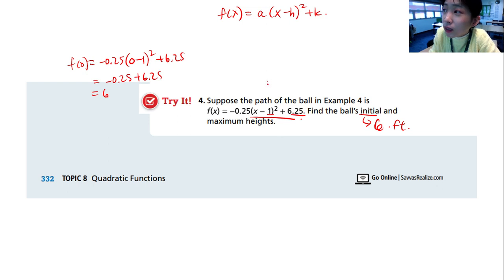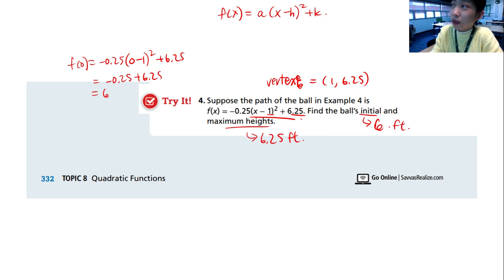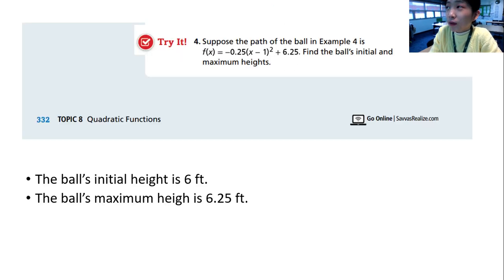So your vertex is (1, 6.25). So the maximum height is 6.25 feet. There you go. Right, so the ball's initial height is 6 feet. The ball's maximum height is 6.25 feet. Oops, I misspelled that.